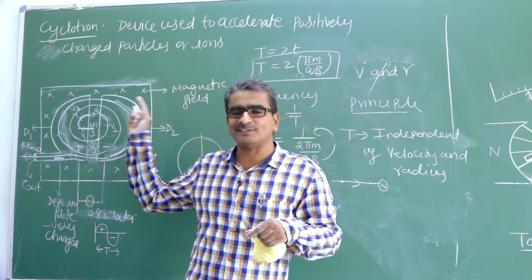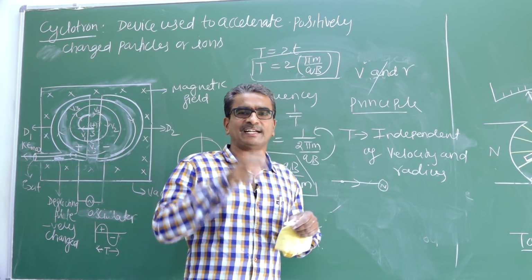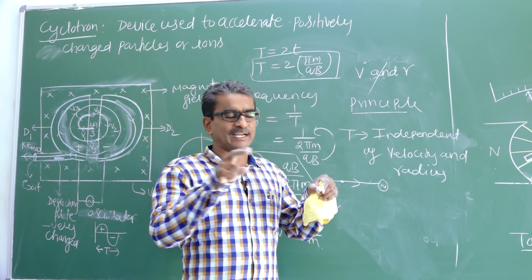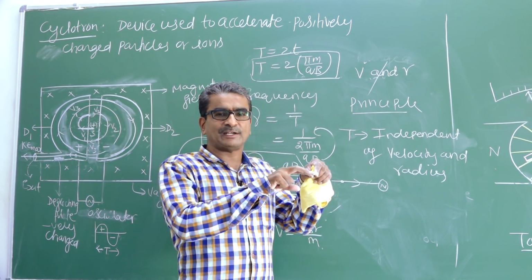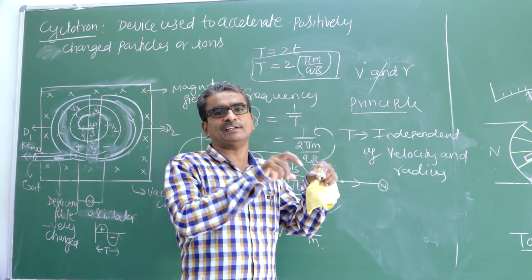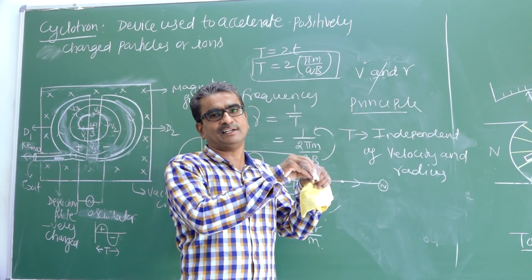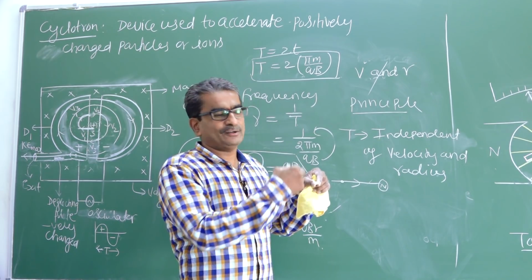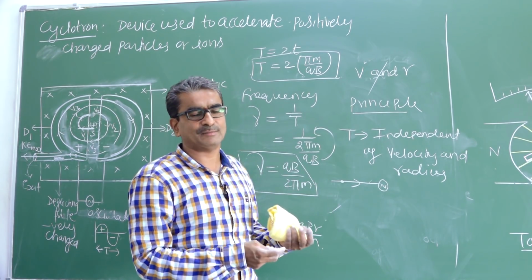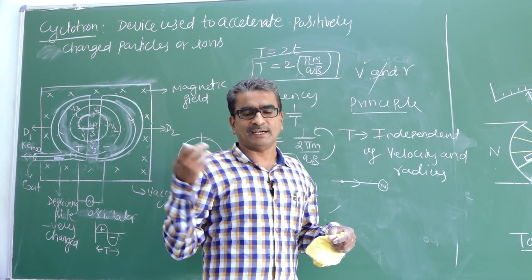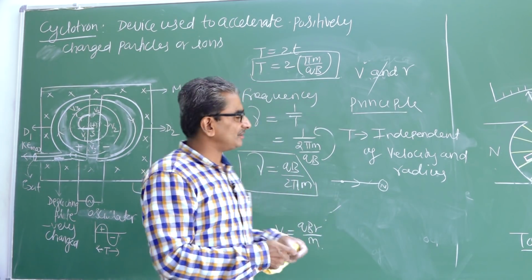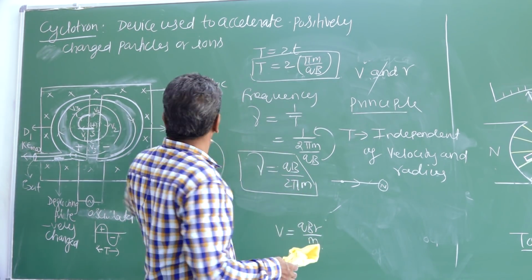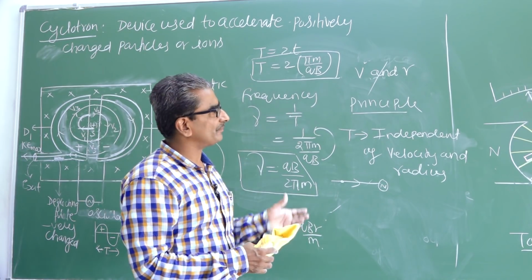For that, a cyclotron is required because it provides high kinetic energy to the particle. Using that, we can make the particle enter the solid and remain in it, and we can change the original property of the solid. That is nothing but implanting ions into the solid. So these are the applications of the cyclotron.